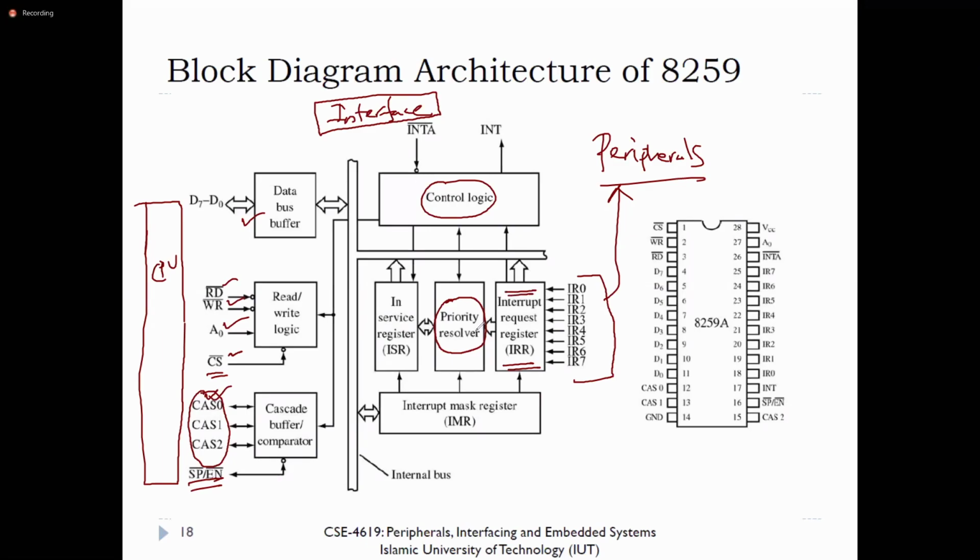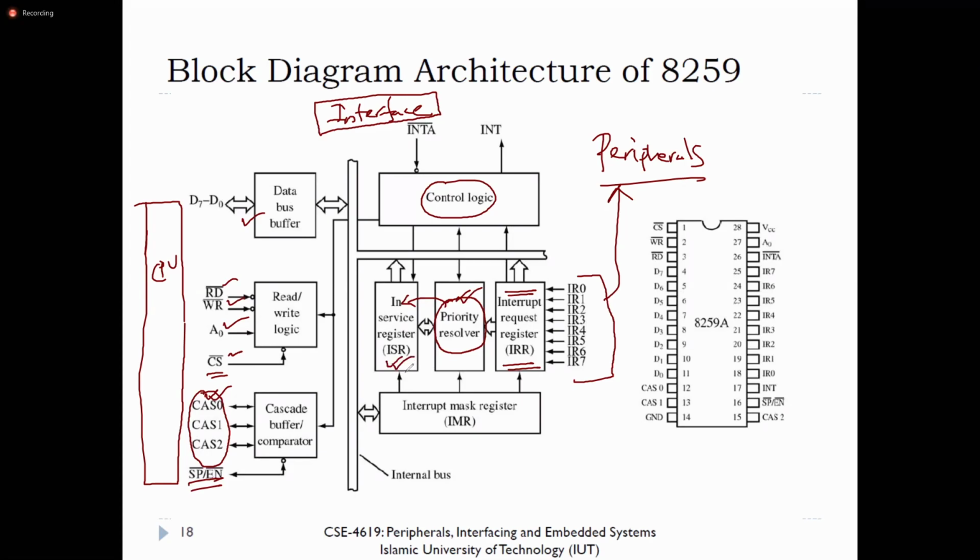Then the request with the highest priority is resolved by the priority resolver, processed, and marked as in service, and that status is shown by the interrupt service register.